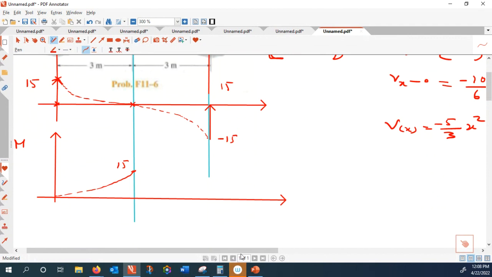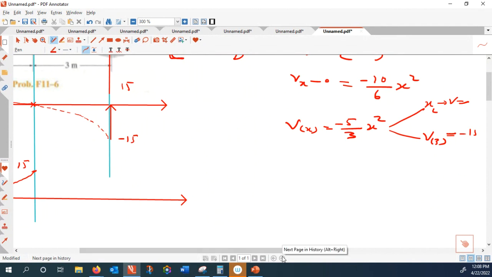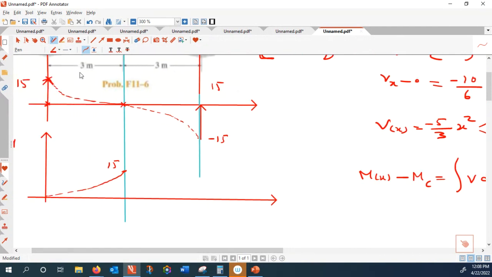If I want to find the bending moment in the second zone, m of x minus m of c is equal to the integral of v dx, and for m of c, because there is no discontinuity of the bending moment between c minus and c plus, they are equal. So here mc is plus 15.